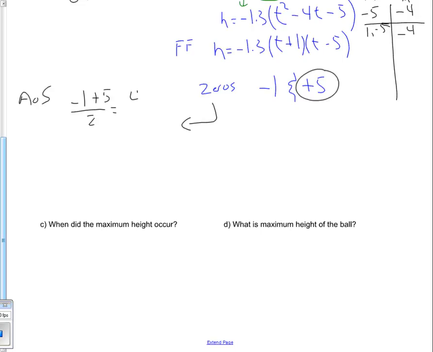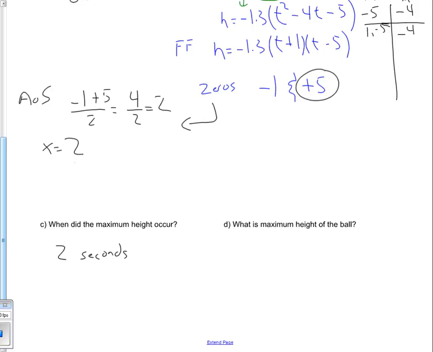That's going to give us 4 divided by 2. That's going to give us 2. So the x value happens at 2.